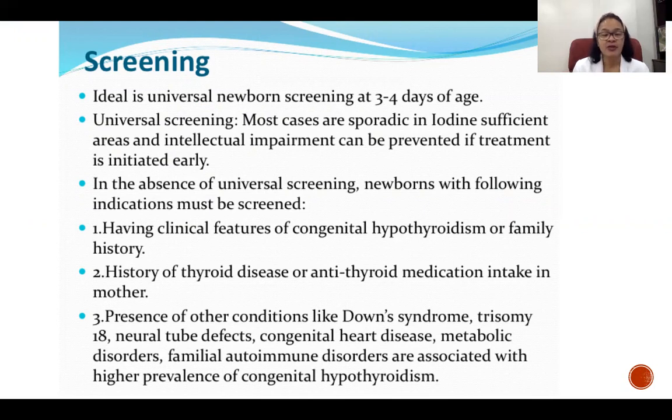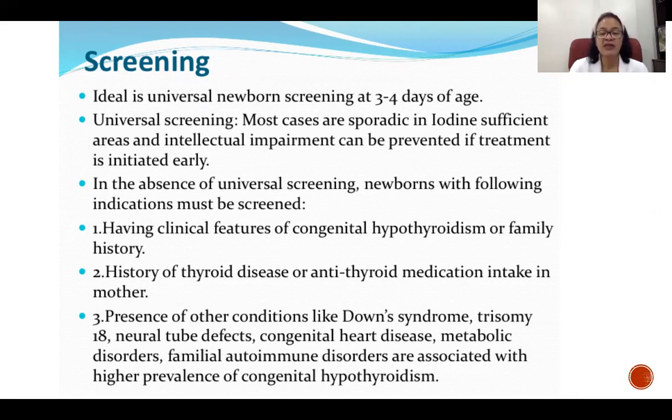Okay, it is a universal screening, and in the absence of universal screening, newborns with the following indications must be screened. Okay, so if you are in an area wherein this universal screening is not mandatory, no, these are the indications that you need to screen your babies.